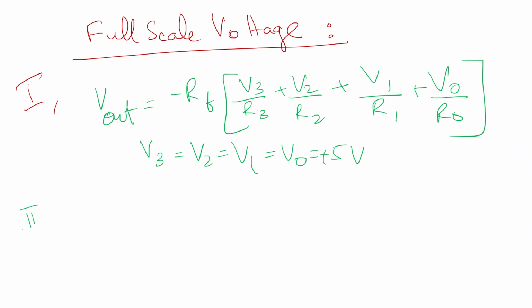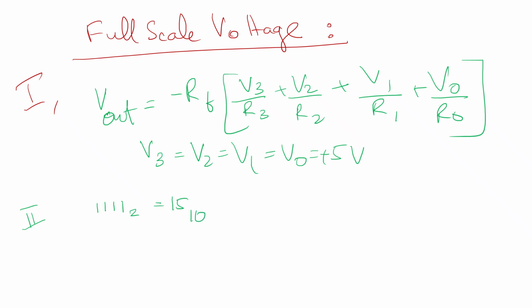The second method, for finding out the full scale value, set the input to 1111 binary, which is 15 base 10.